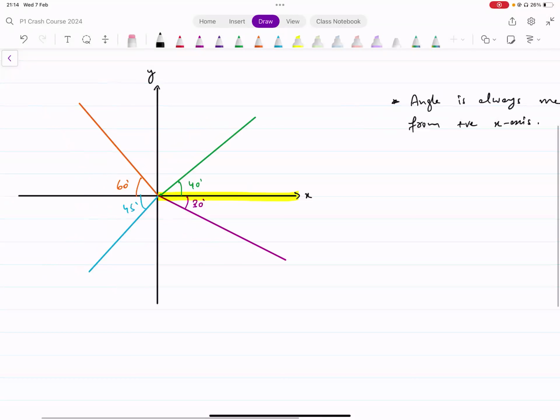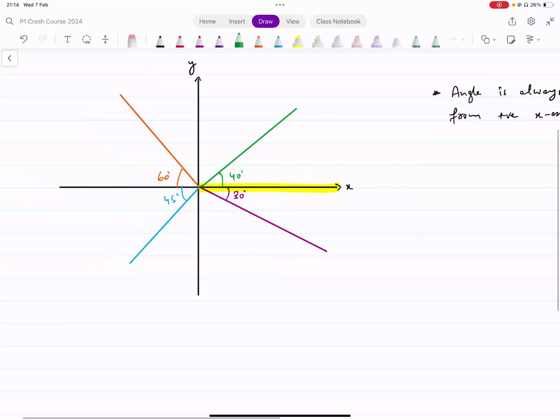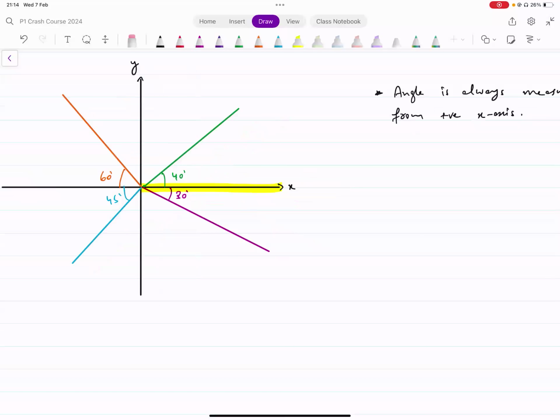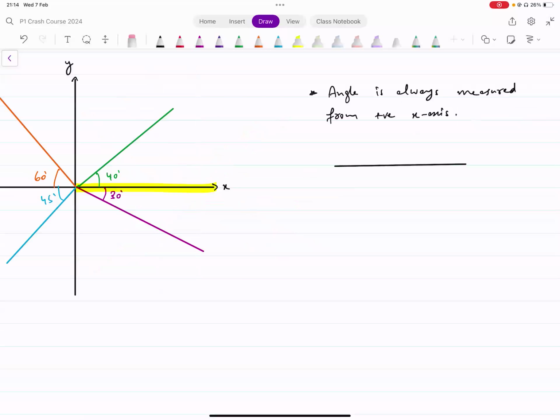So the x-axis has this positive side and this negative side. We're starting from the positive x-axis, from the right-hand side.